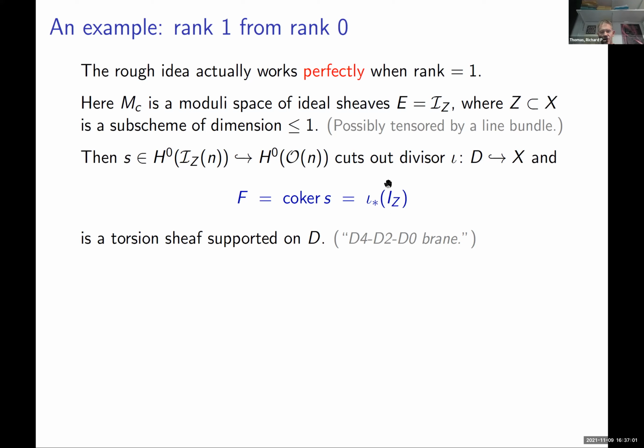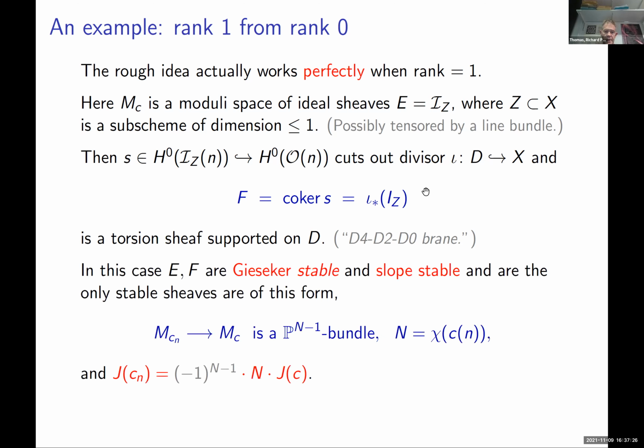It's the ideal sheaf of Z considered as a sheaf on the divisor and then pushed forward to X to give a rank 0 torsion sheaf on X. So the sheaf is 0 on most of X. On D, it's the ideal sheaf of Z. And this is an object called in physics a D4, D2, D0 brane, and physicists make predictions about these things. I'll come back to that.